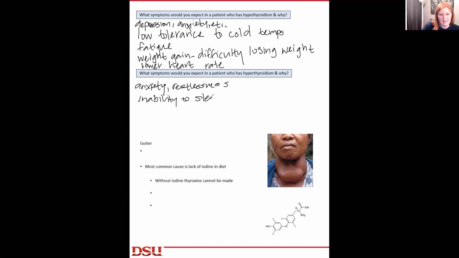Instead of weight gain, you usually have rather rapid weight loss, a hard time holding on to weight. Heart rate is going to increase. You've got a rapid heartbeat or heart rate. What else? Am I missing anything? Usually sensitivity to heat instead of sensitivity to cold.